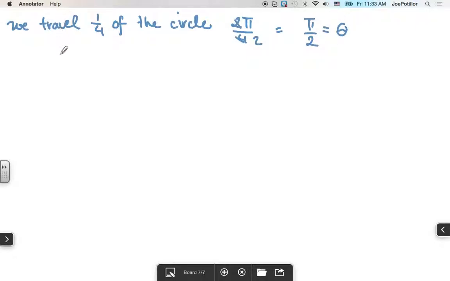Right. So we know our solution is to use our angular velocity, which is of course delta theta over delta t, starting from 0 and going to pi over 2. And we know we travel a total of 5 seconds.